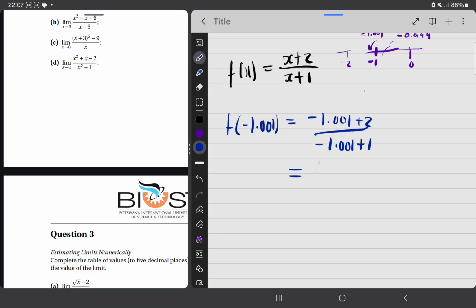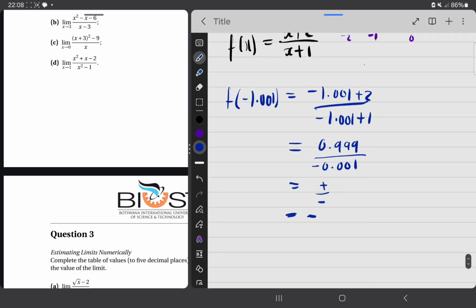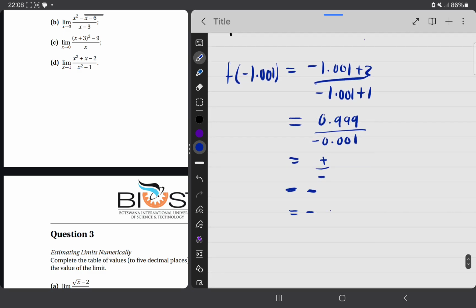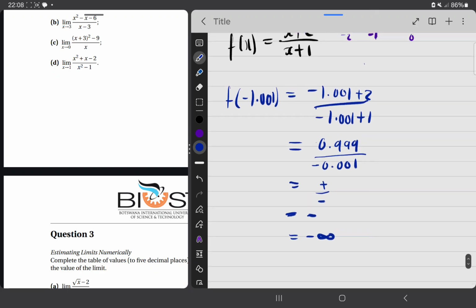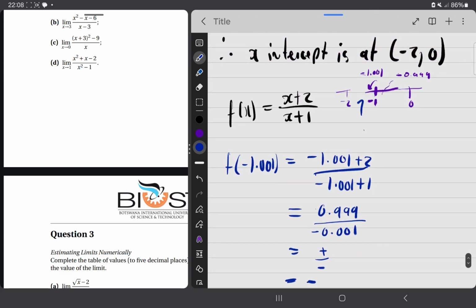On the bottom, 1 minus 1.001 is negative 0.001. So this becomes a positive over a negative, and our answer is negative. So that means this is going to go towards negative infinity. So this side here, just after negative 1 on the left, it is going down towards negative infinity.